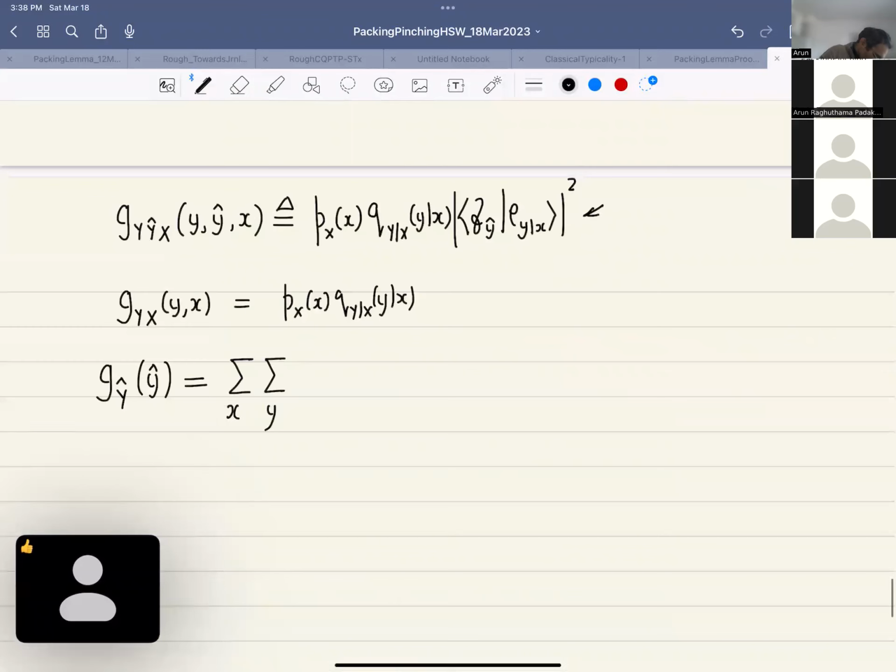So I'm doing the marginal. What is this marginal G y hat? So I'm doing this: Px of x, Qy given x of y given x, of this term. But this term I can write like this. Can I write it like this? f y hat.